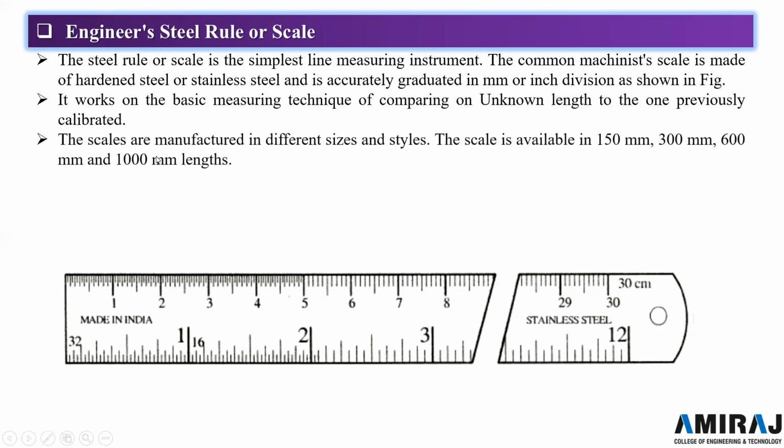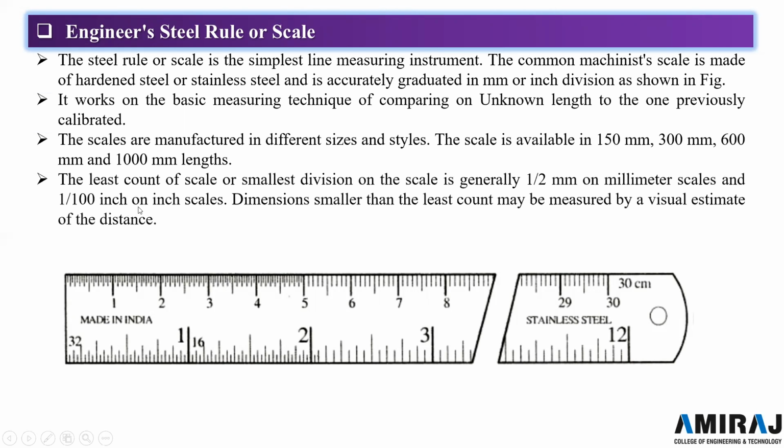The scales are manufactured in different sizes and styles. The scale is available in 150 mm, 300 mm, 600 mm and 1000 mm lengths. The least count of the scale, the smallest division on the scale, is generally half a mm.